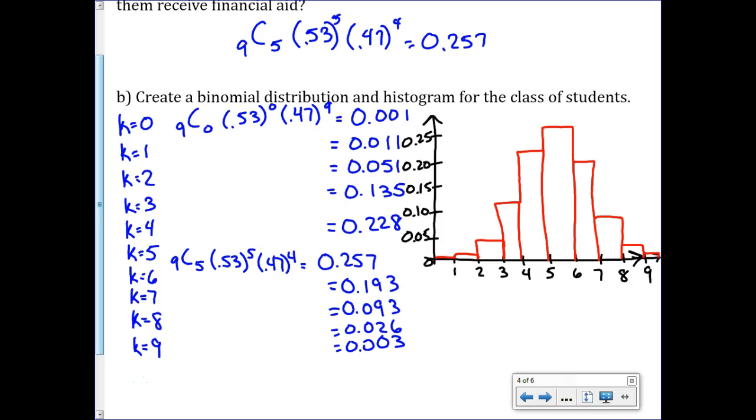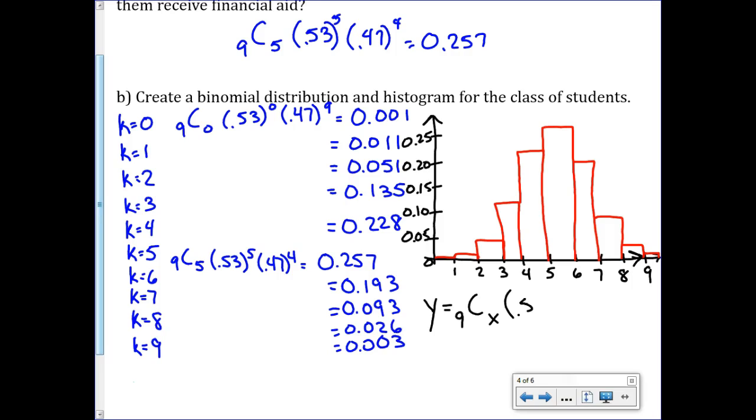If you would like to try to type this in your calculator, you can go into Y1, and this will give you all of these values very quickly. We know that we have 9 trials, and we want our X values from 0 to 9.